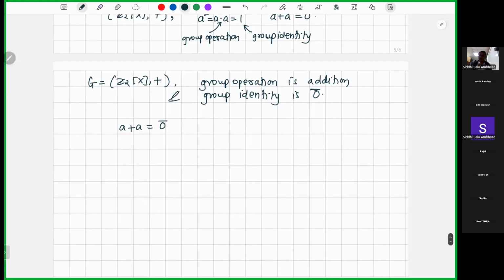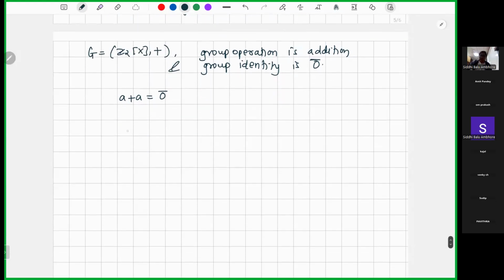So when I am taking any f or any element, the elements here are polynomials with coefficients from Z2. So any element here in Z2[x] is of this form, right?